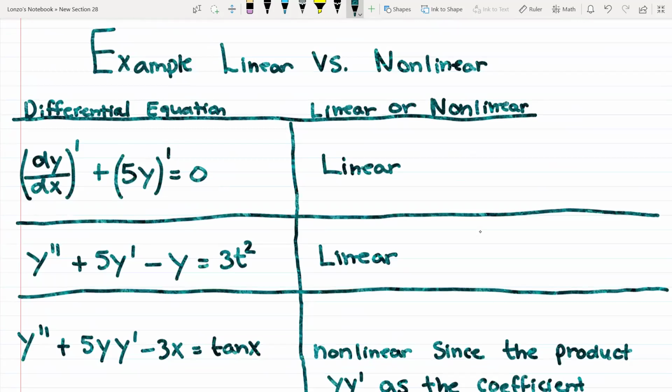Okay, so this works. Now you have to look at the coefficient. The coefficient cannot be the same letter as the numerator.